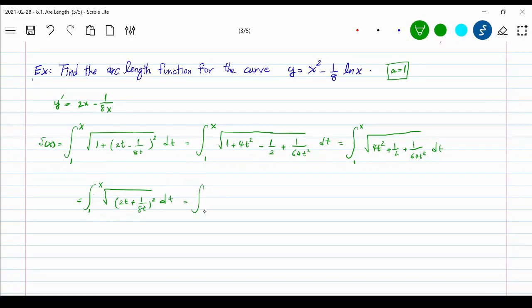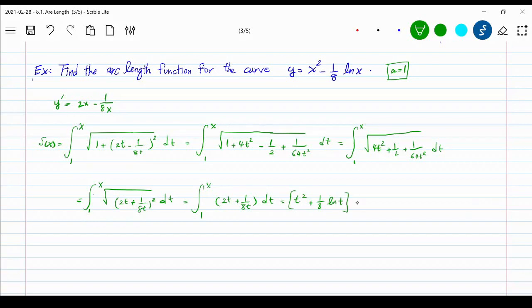And now the square root can cancel out the square, giving 2t plus 1 over 8t, since we assume positive values, dt, and the integration becomes very simple. It will be t squared plus 1/8 ln t.